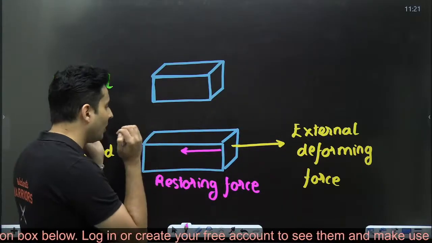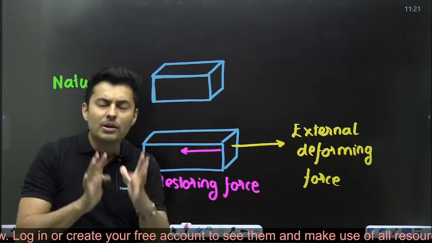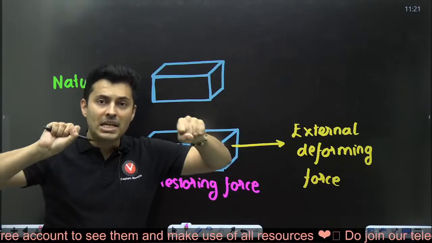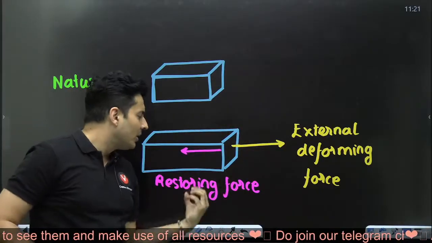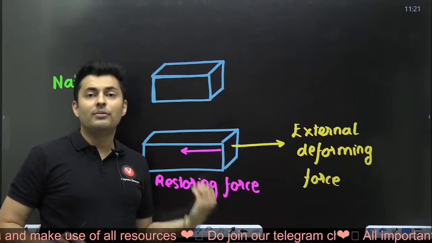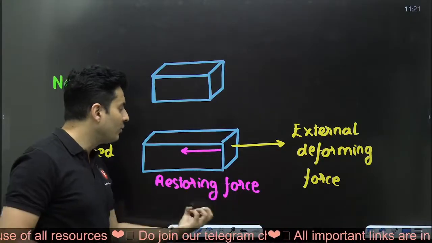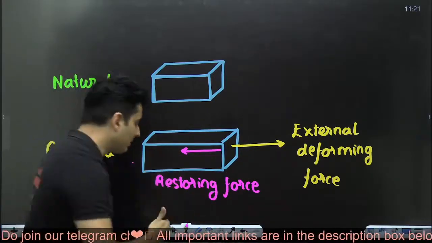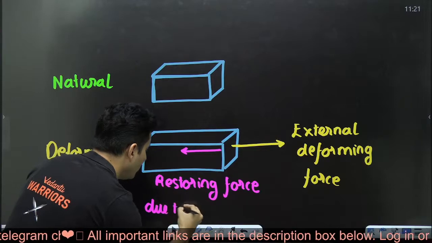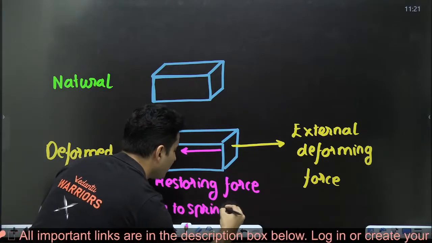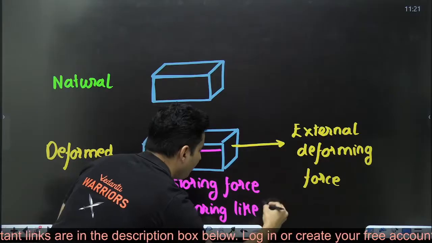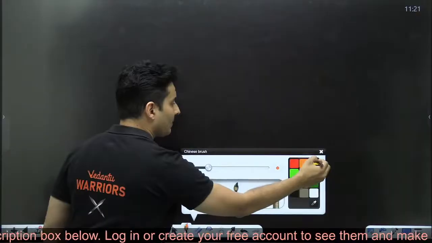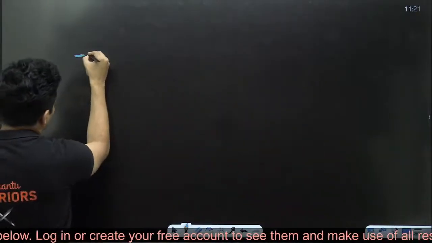So if the body has already been extended, compressed or twisted, it's no longer moving, it's in equilibrium, so the deforming and the restoring forces will be equal. The restoring forces are all because of the spring-like forces. Another good example of this is probably your actual spring as well.